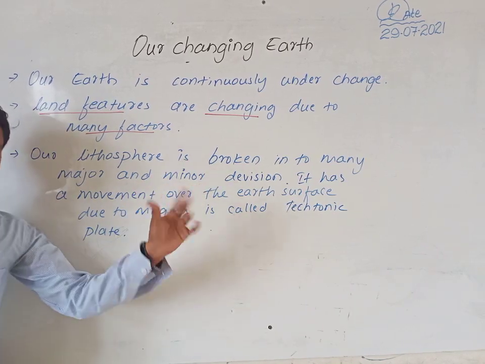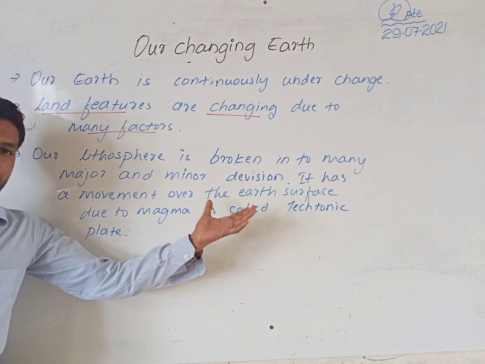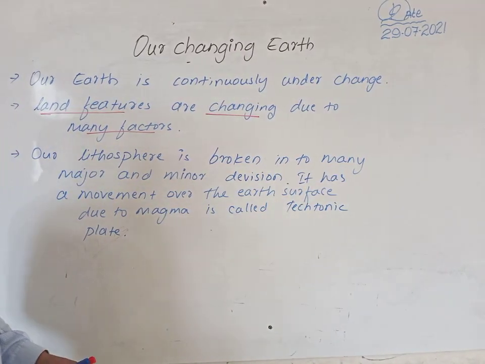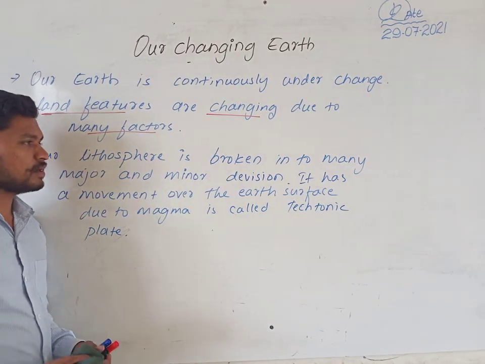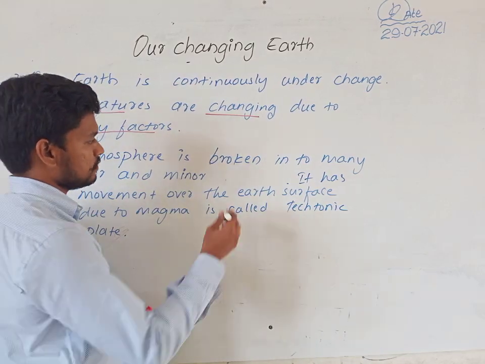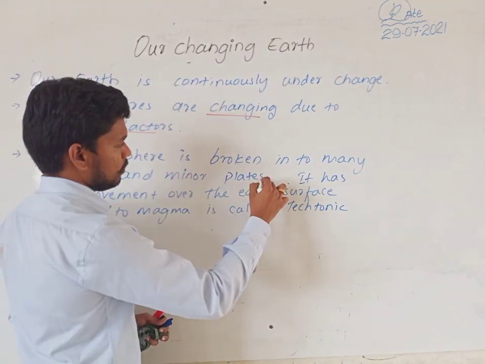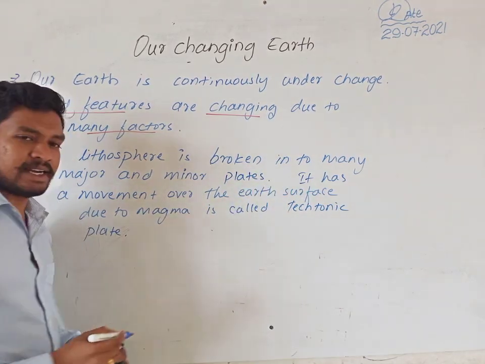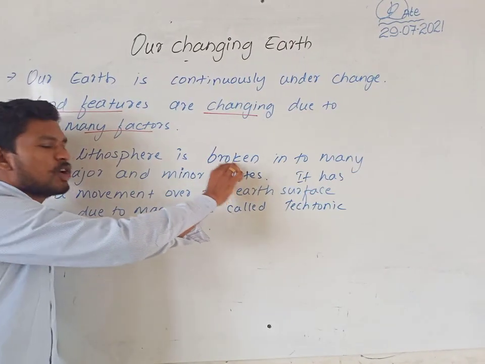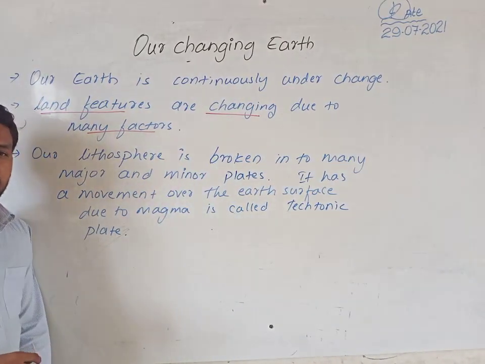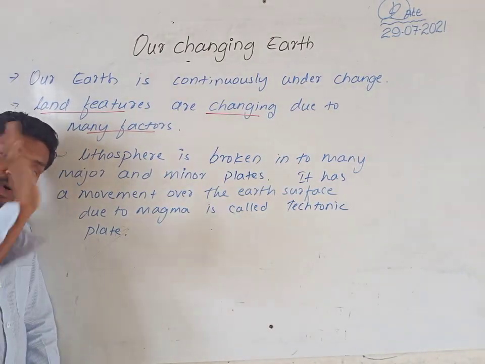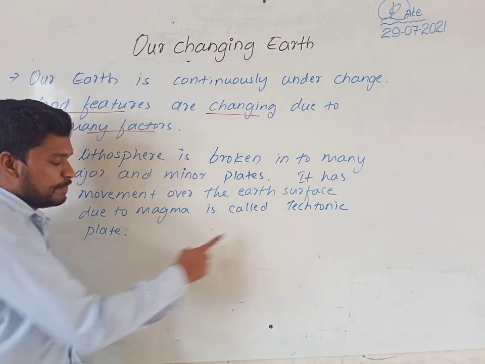So this lithosphere is broken, and it's called a lithospheric plate. Otherwise you may say it's plates. It has divided into many plates. This broken lithospheric plate continuously moves, it's under movement. So that moving lithospheric plate is called a tectonic plate.